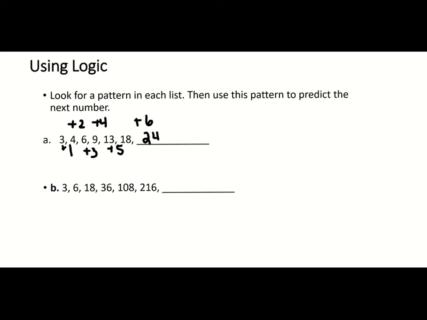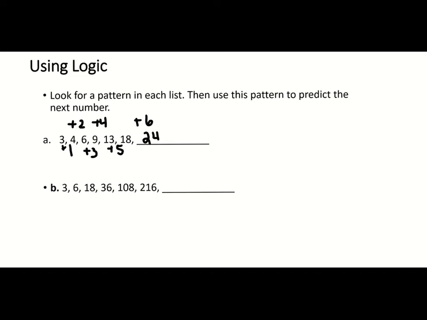All right, now we are going to look at our next pattern. This pattern is increasing. And let's see, to go from 3 to 6, if I look at addition, I know we add 3.